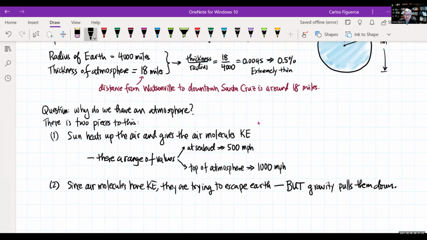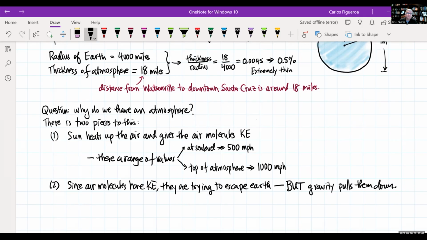Gravity doesn't stop all the air molecules, it stops most of the air molecules from leaving. But there is a loss of air. The Earth is constantly losing air.